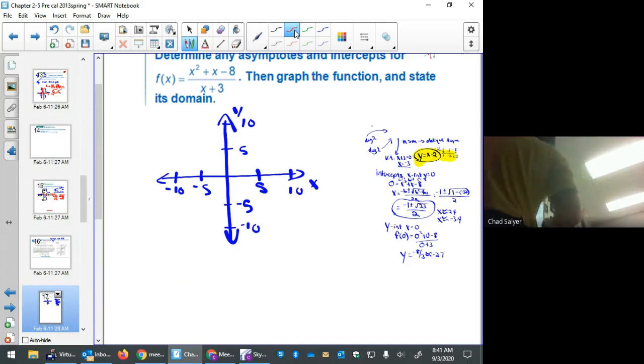All right, so oblique asymptote at y equals x minus 2. You see how that's going to be a diagonal line through negative 2, like so? If I have to refresh your memory about how to graph linear equations, I will. But remember, it's mx plus b, where b is the y-intercept. So negative 2 is the y-intercept. The slope is 1. So hopefully you see how it would look like this.